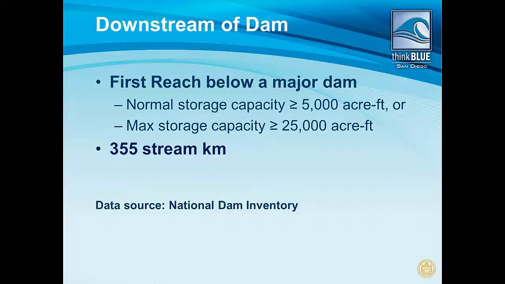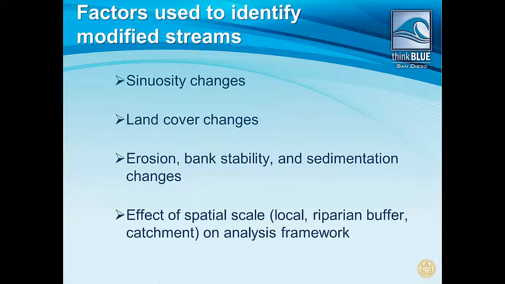Let's look at some of the criteria we're using. Downstream of a dam, we assume that if you're within a certain distance downstream of the dam, chances are it's in some way modified, so we considered that as part of the criteria. We also looked at a few different kinds of land cover or geomorphic metrics.